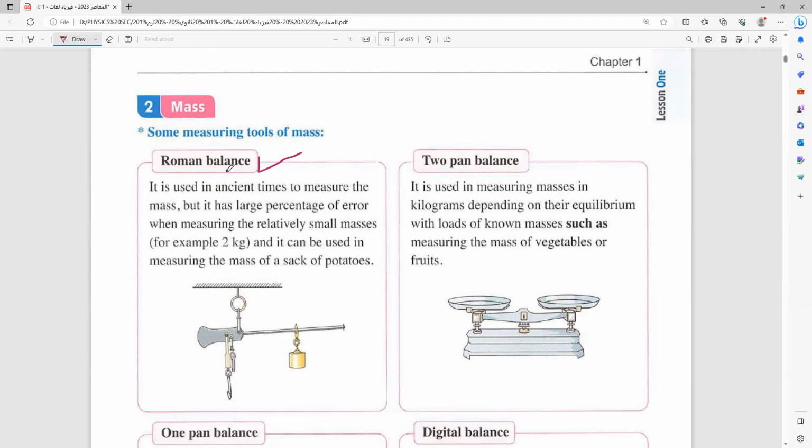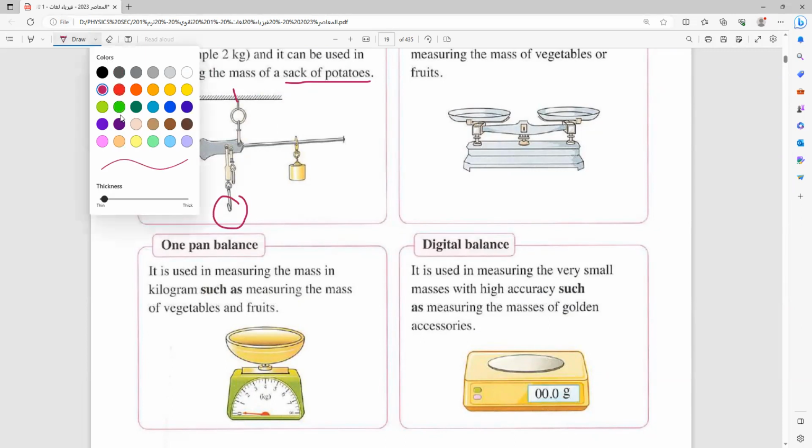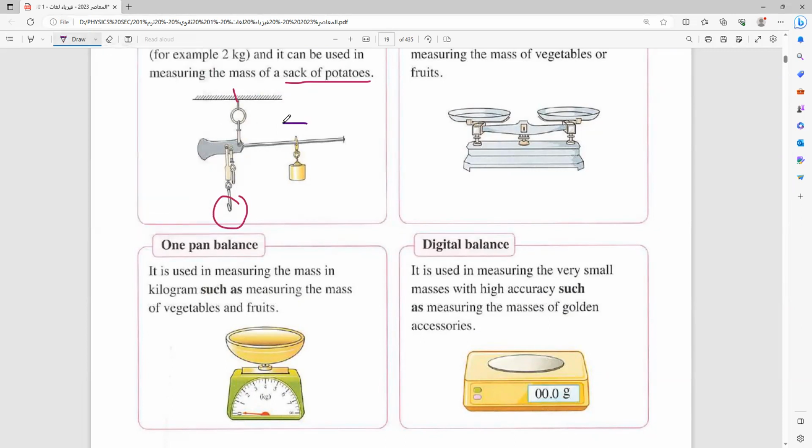Roman balance was used in ancient times to measure very large masses, like a sack of potatoes. It was hung at the door of our house, and the object hung here moves right and left until it is balanced.